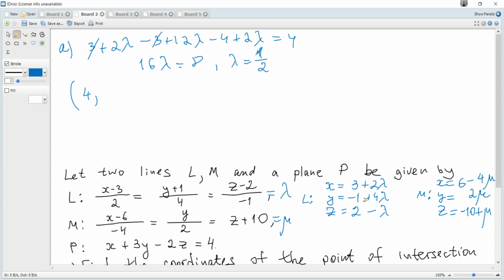Y is -1 plus 2, it's 1, and z is 2 minus a half, it's 1.5.